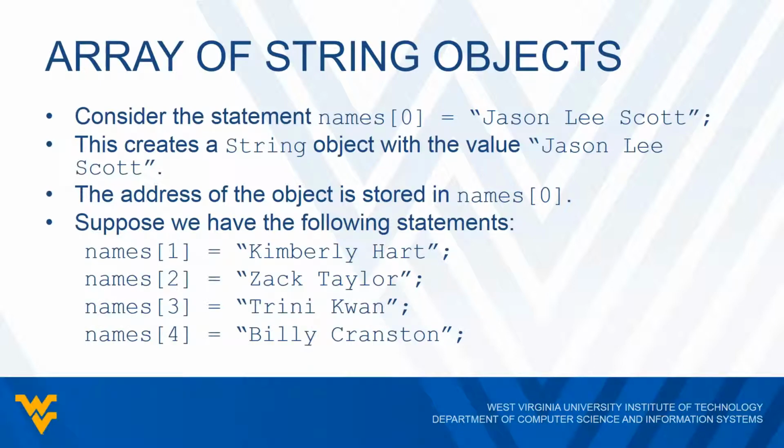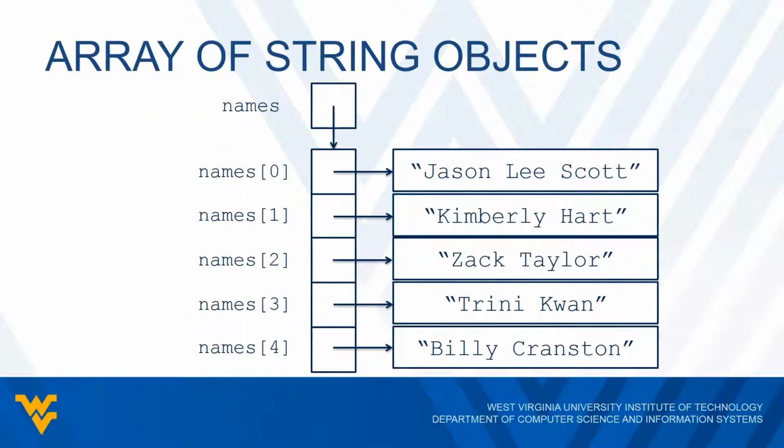We can have names[1] be Kimberly Hart. We can have names[2] be Zach Taylor. Names[3] would be Trini Kwan. And names[4] would be Billy Cranston. So each of these lines would create a string object. It would store the actual string into that object. The address of that object would be stored in each element of the array.